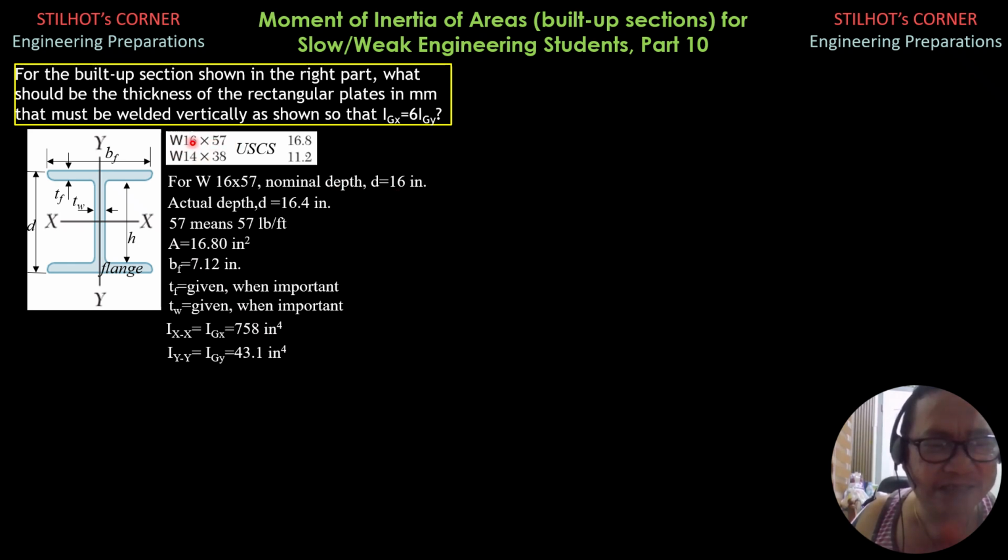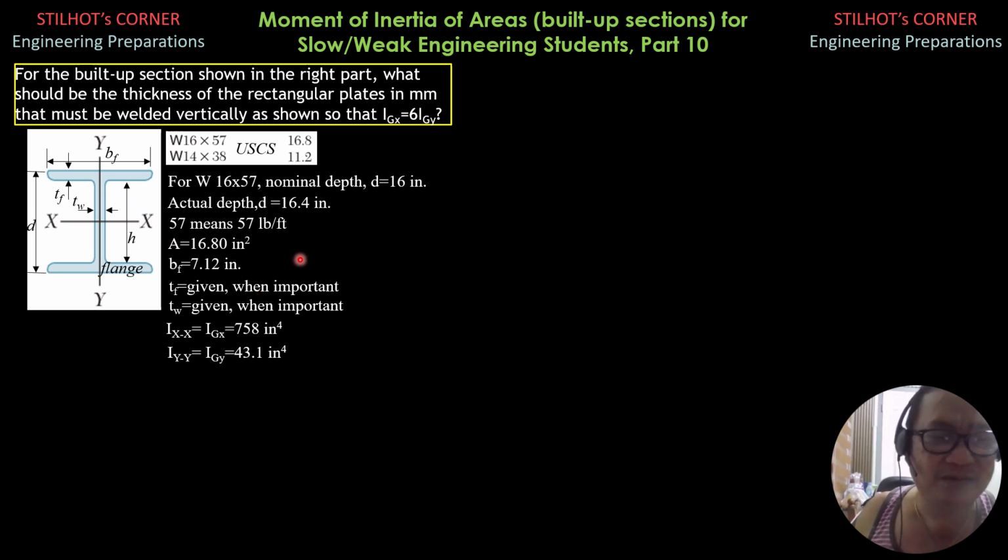I'll discuss this 16 by 57. 57 is the approximate weight in pounds per foot. The actual depth of this section is 16.4 inches. And take note that 1 inch is 25.4 mm. The values here are rounded off to three significant figures only.